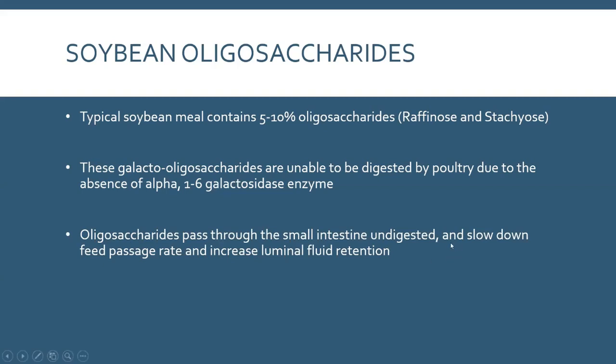That would affect the gut health balance, particularly the microbiota, the balance of the pathogenic and beneficial microorganisms. So this undigested feed or proteins, oligosaccharides as well, will cause imbalance of microbiota.